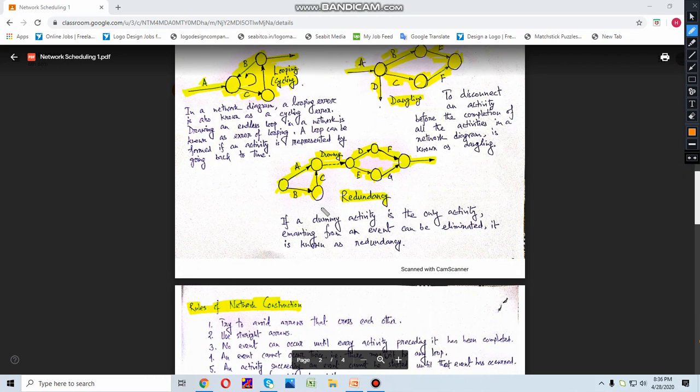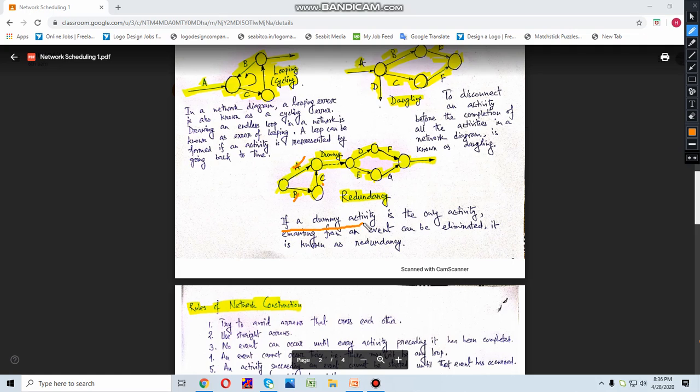Here you can see there are two separate networks. These three activities ABC, and here DEFG, constitute two different networks, and you are connecting these two different networks with the help of a dummy activity. Okay, so here comes the reason.